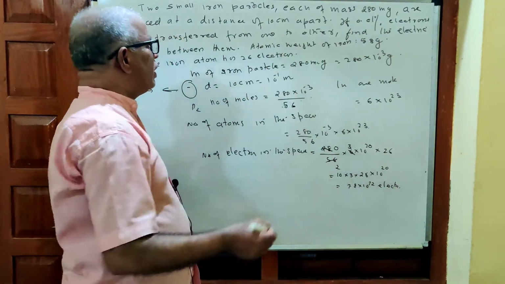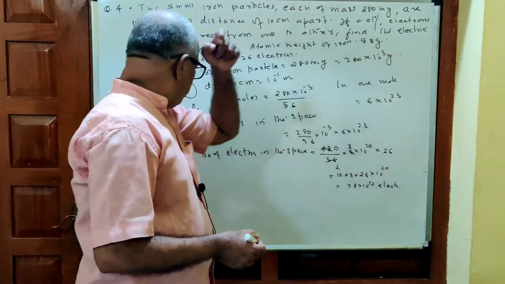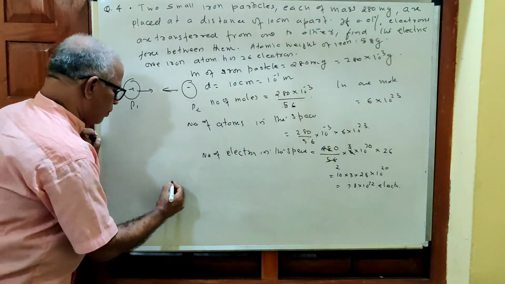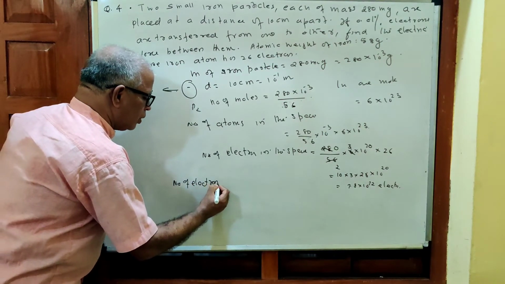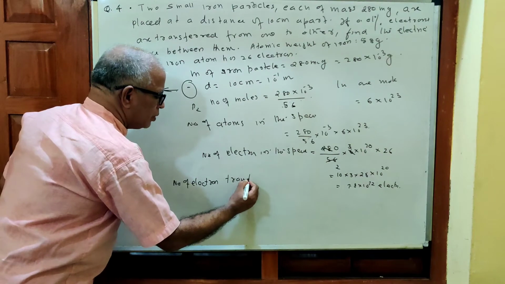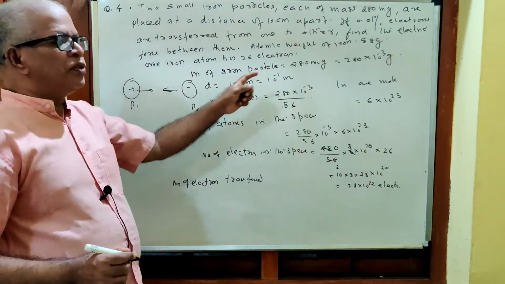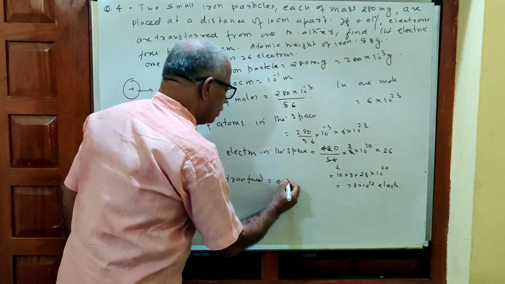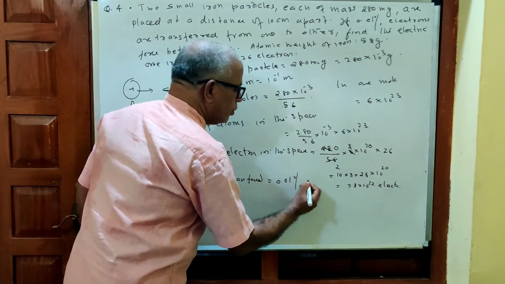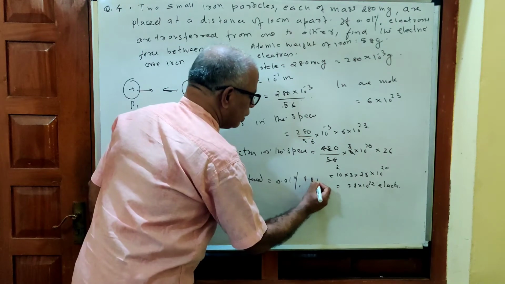How much electron we transferred? Now, the number of electrons transferred is 0.01 percentage of 7.8 into 10 to the power 22.